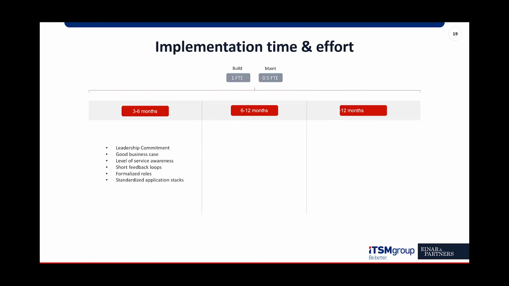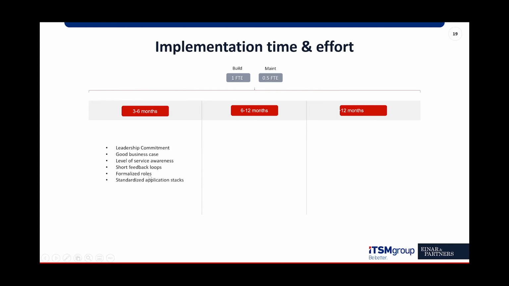You have some good business cases to justify the costs. There often is already a certain degree of service awareness. It might be informal, but at least you are already speaking in terms of services. And maybe the most important part is short feedback loops. When I say short feedback loops, I mean between different stakeholders internally in your organization.